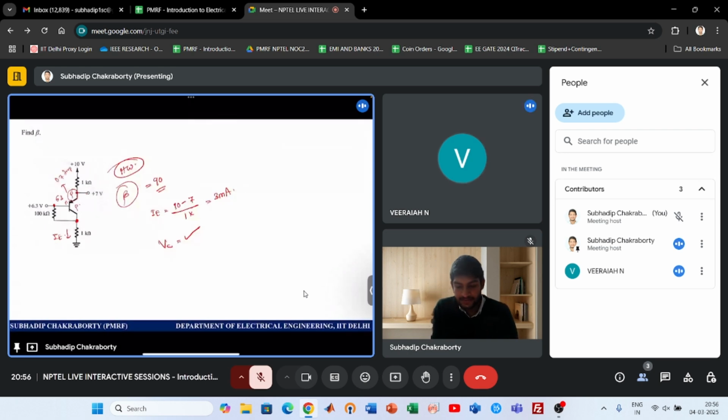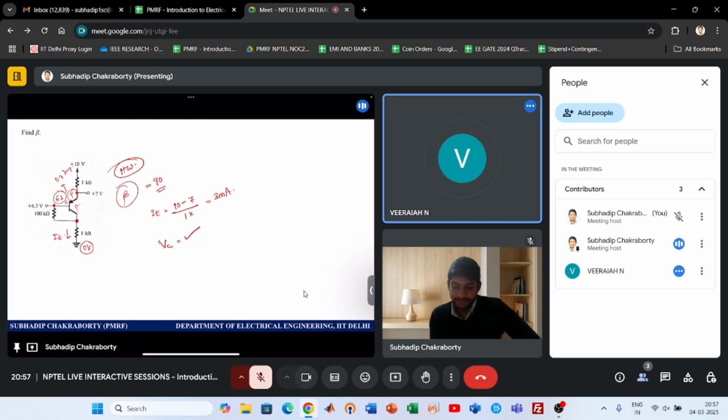In which direction? Then obviously the current flow direction, right? So drop here. So 6.3 is just a PNP transistor, and then 6.3 drop is happening. So 6.3 voltage we know, and this is 0 volts here. So accordingly you can calculate the currents and can see. So what is VC? Can you tell me?